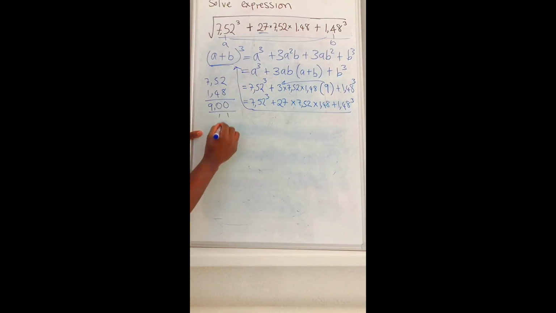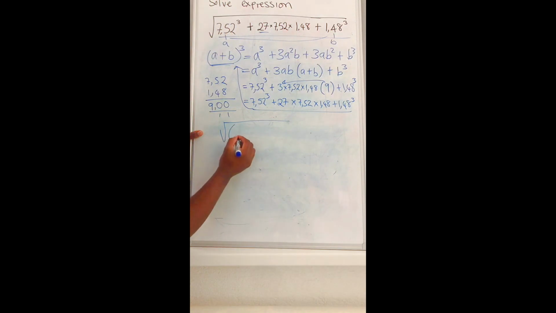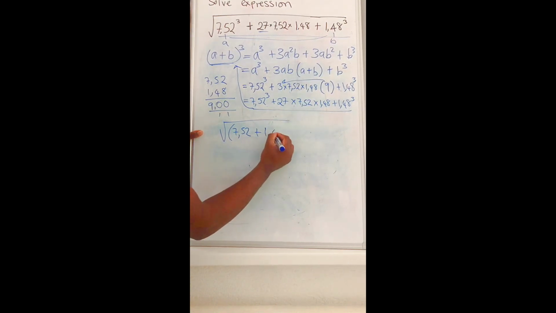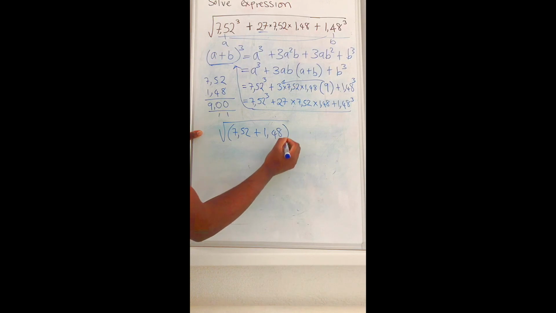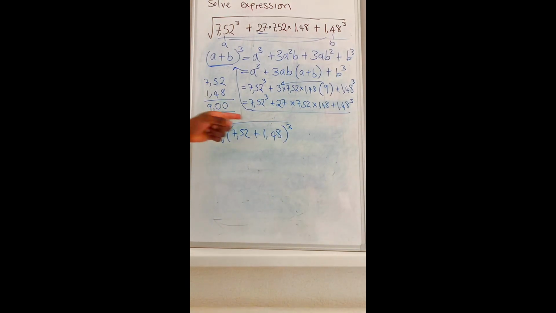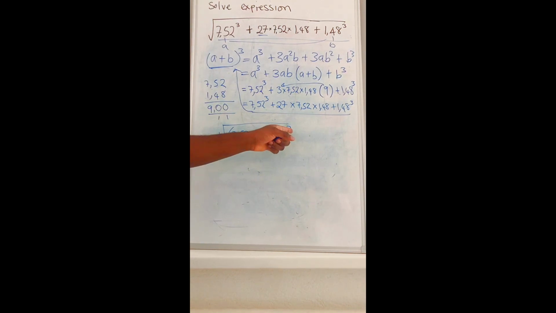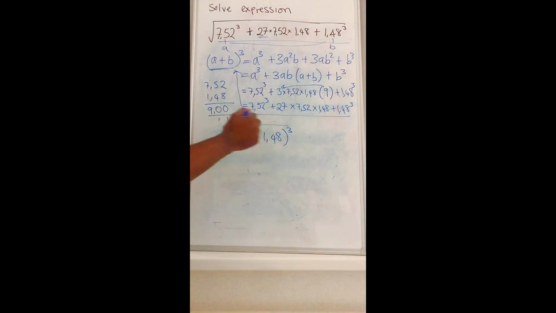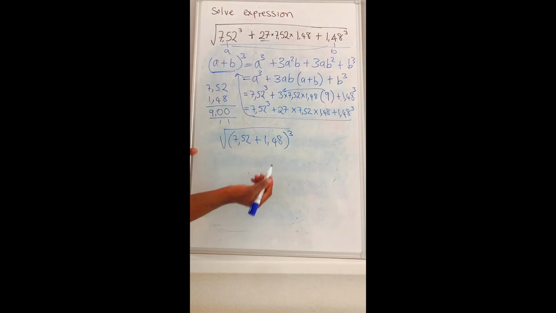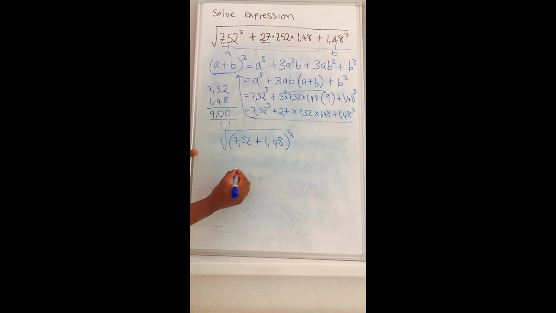So what we have is square root of 7.52 plus 1.48 cubed. Now what you have is a square root and here you have a cube. You cannot cancel out. So you go straight away. When you add these two, as we did here, we know that our answer will be 9.